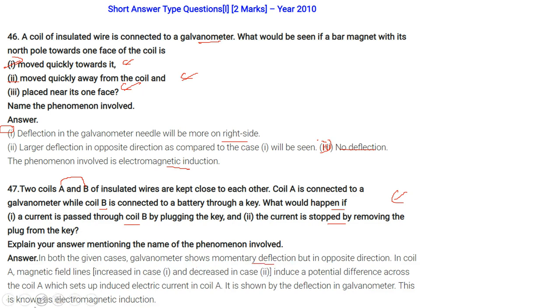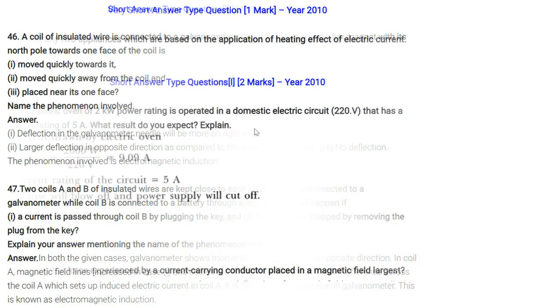In coil A, the magnetic field lines increase in the first case and decrease in the second. This induces a potential difference across coil A, which sets up an induced electric current in the coil. It is shown by the deflection in the galvanometer, and this is known as electromagnetic induction.